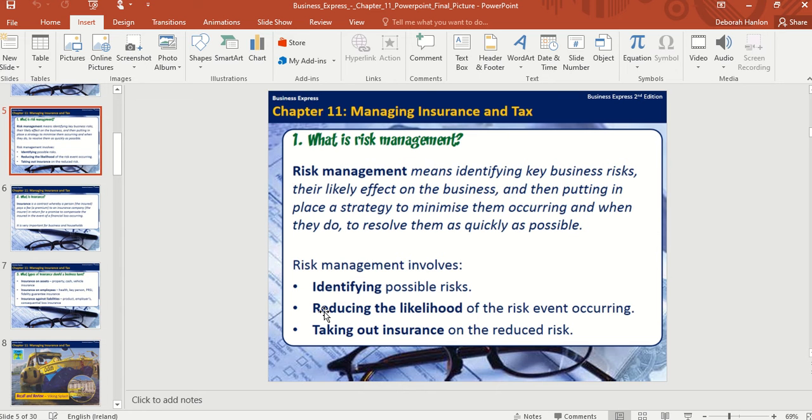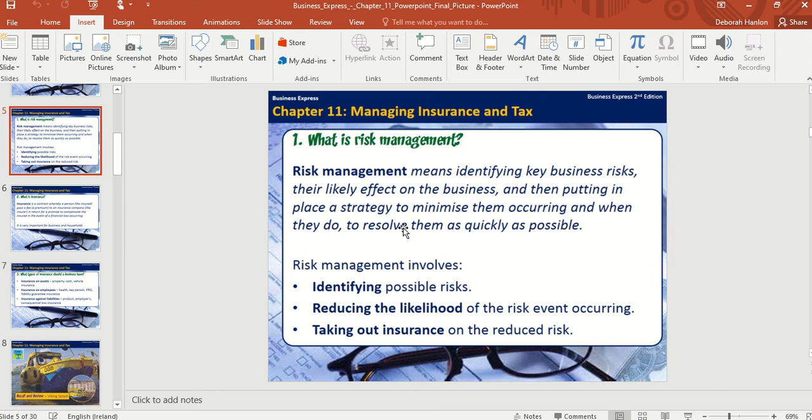So in every business, there are risks, and the manager or the business has to identify these risks and try and put some kind of measure in place to minimize the risk, whether it is putting security systems or some kind of policy or procedure in place.